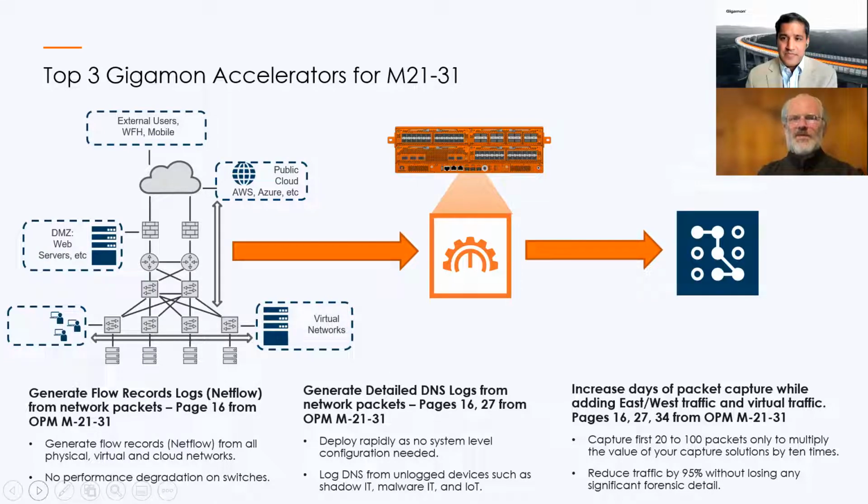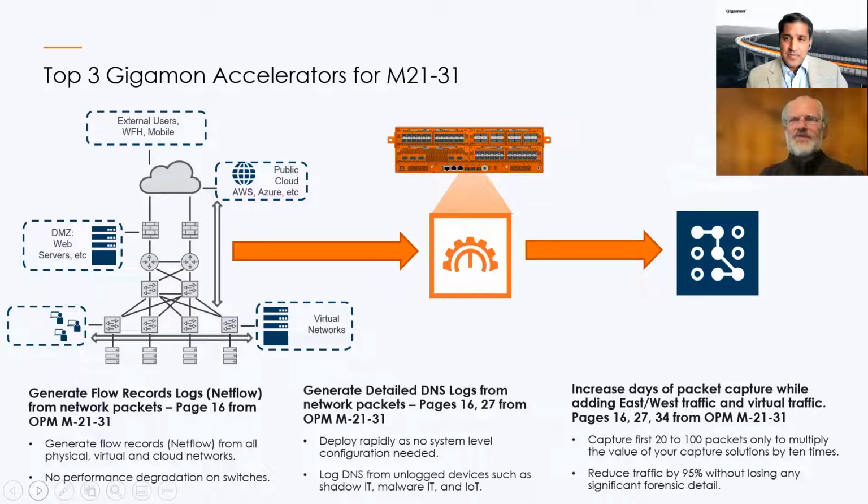So one of those is the generation of flow records. The other example is a metadata creation of pulling DNS log information out of network traffic. And the last example is becoming a force multiplier for tools using packet capture as an example.